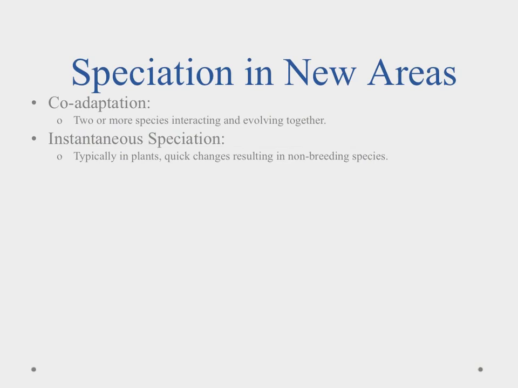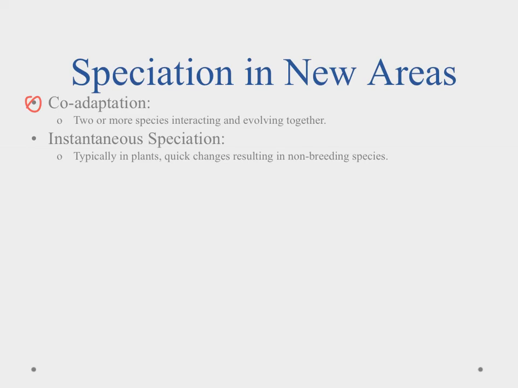Okay, another thing they talk about is speciation in new areas, and there's two different ideas that they touch on. The first is co-adaptation, and co-adaptation is when you have two species that are working towards a common goal, benefiting each other, and as such, when one evolves, it causes the other one to evolve as well. So we see two species that are evolving at the same rate over the same time, and they're maintaining that relationship.